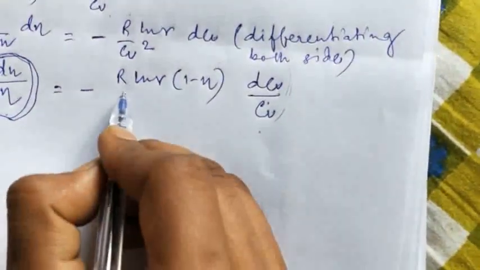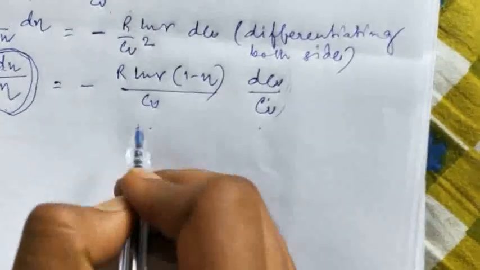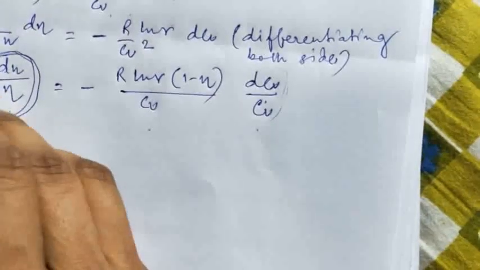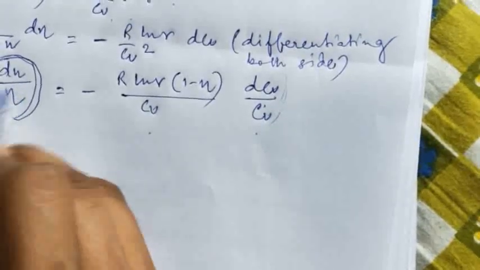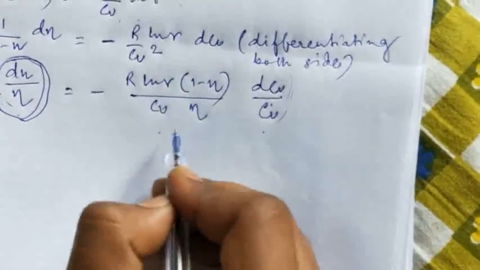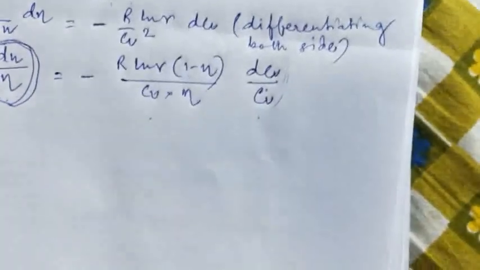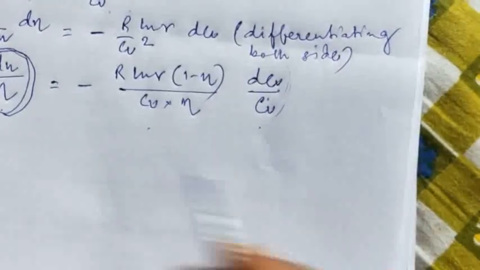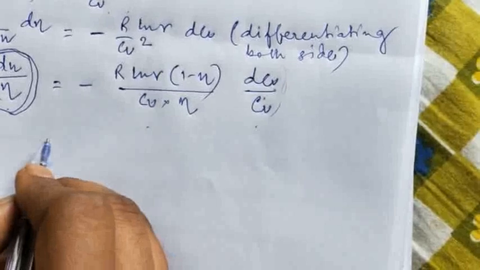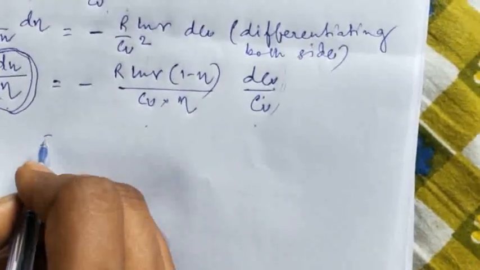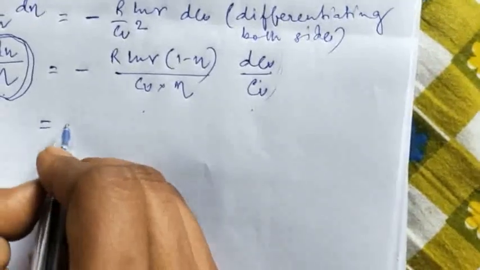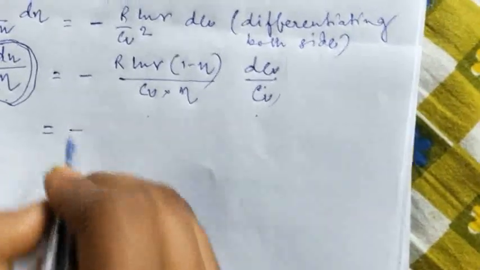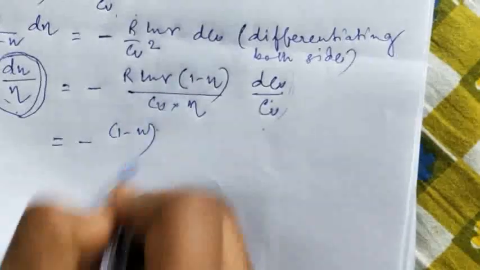And another Cv was there, and we have put an extra efficiency over here, so we will put another efficiency over here. Now we can write this as minus 1 minus efficiency.